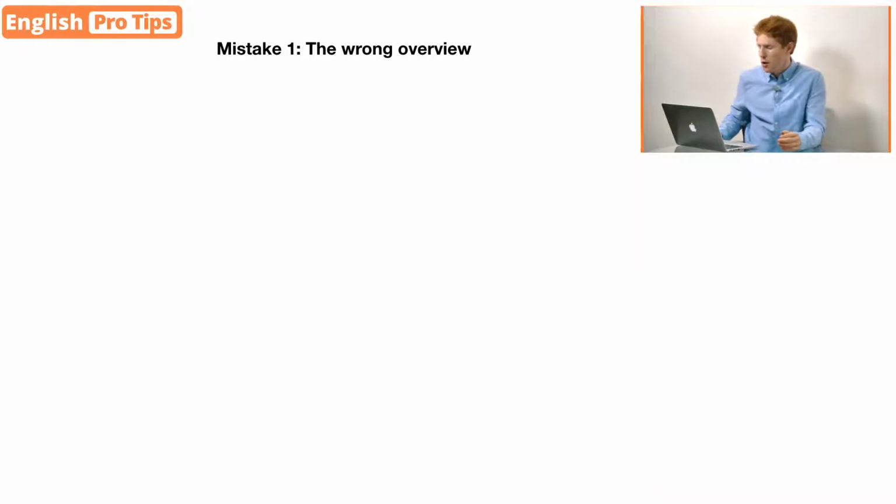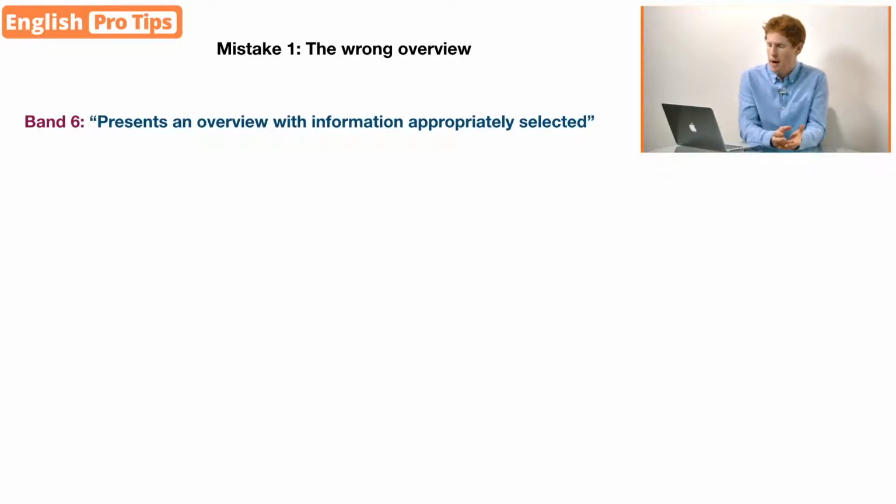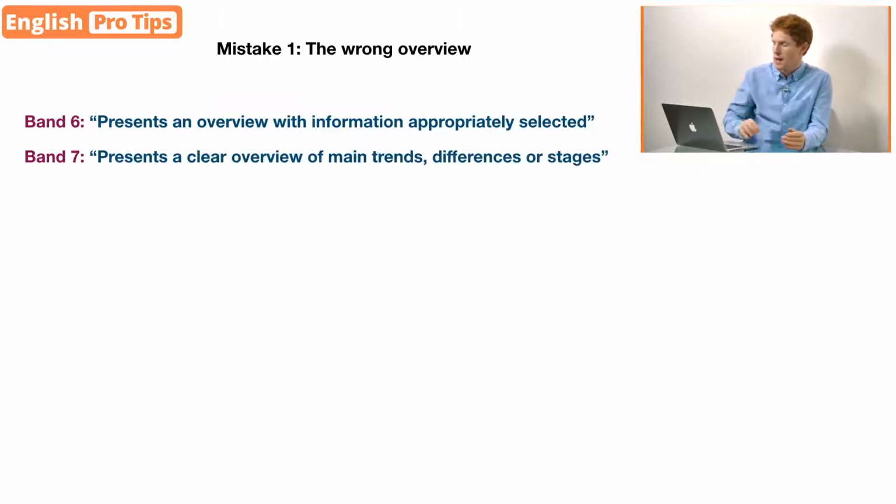Now, writing the correct overview is very important. According to the public band descriptors, at band 6 it says presents an overview with information appropriately selected. And at band 7 it says presents a clear overview of main trends, differences or stages. So if we're looking to get a band 7, 8 or 9, we really need to have a clear overview.